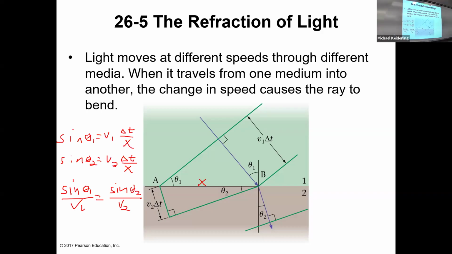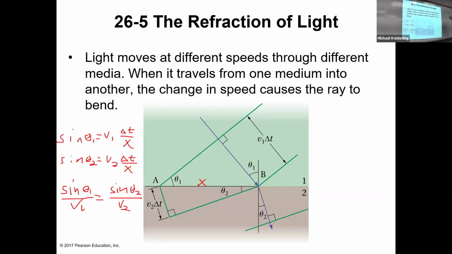So if you do some work with triangles, you can work out that v1 times delta t over x is going to be the sine of the incoming angle, and v2 times delta t over that same x is the sine of the outgoing angle.